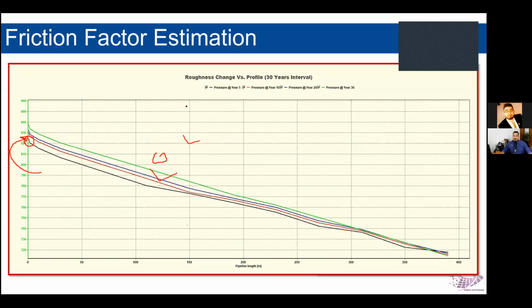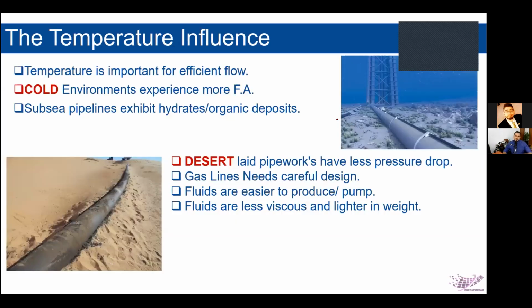Whenever you come to year 30 in the simulation, you will see an increase in inlet pressure to 2,023 PSI. That means you need to pump more pressure in order to deliver the same amount of oil, meaning you will have more pressure drop due to the friction. This data was calibrated with 2 or 3 years of operational data, so we can draw this conclusion.